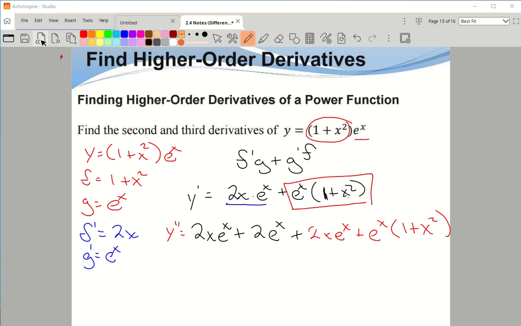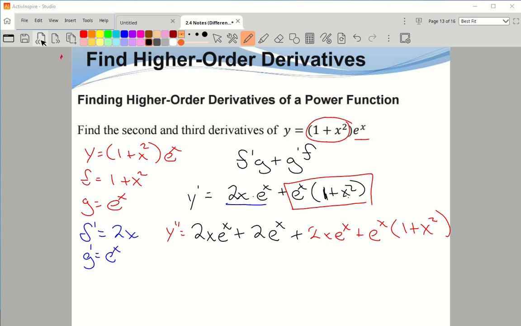Okay, so I would submit this as my answer for my second derivative, but to make my life easier, I am going to combine like terms. How many like terms do I have to combine? I got 2x e to the x and 2x e to the x, right? Yeah?